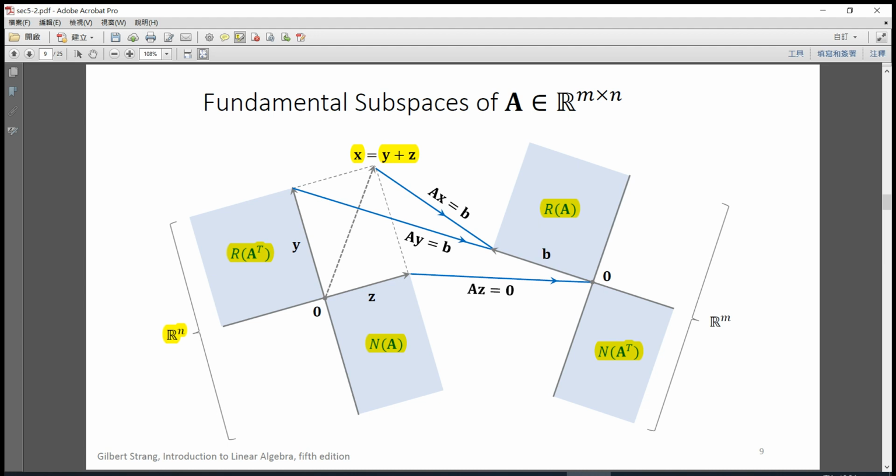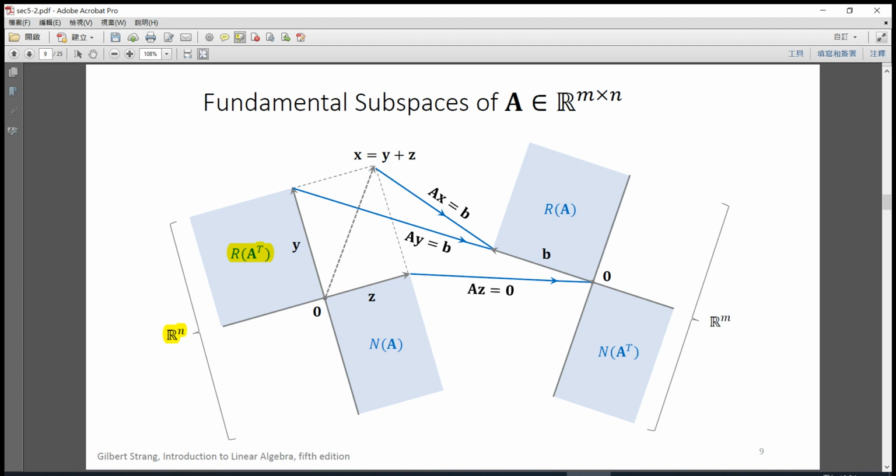And for such b, we cannot find a vector x in R^n such that Ax equals b. And thus, in this case, the mapping Ax is not onto.